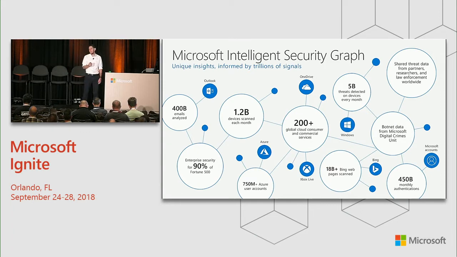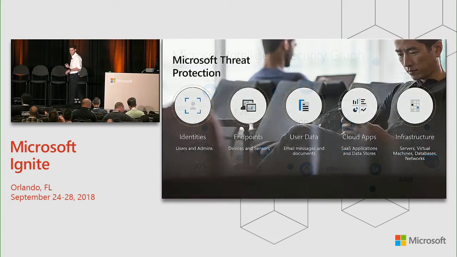This much data basically means that we see most of the threat vectors that attackers are using. And it can be attackers that are financial actors or some that are nation-state funded. But all of these attacks probably will have evidence in our telemetry.